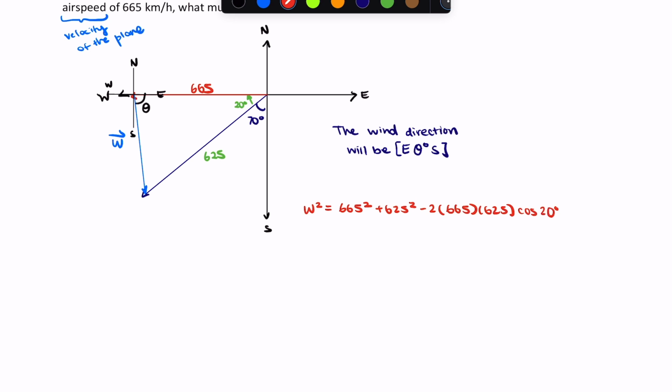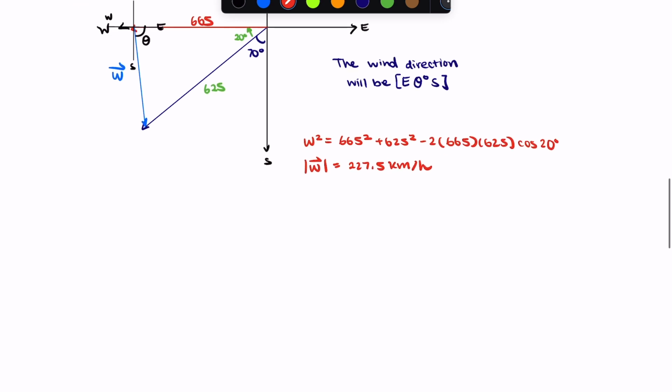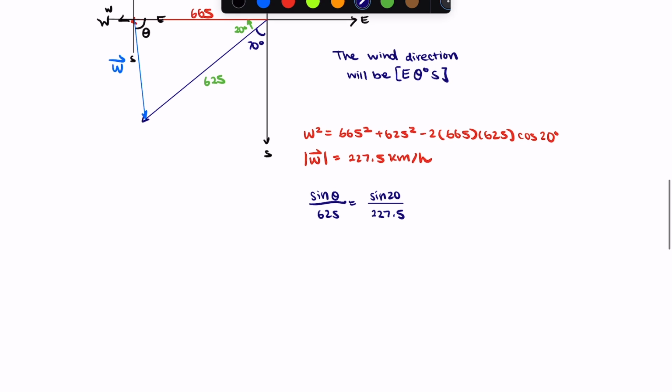And so here we see that our magnitude for vector W is equal to 227.5 kilometers per hour. Then we'll find our direction. So here we have sine theta over 625 is equal to sine 20 over 227.5. So here we see that theta is equal to 70 degrees.